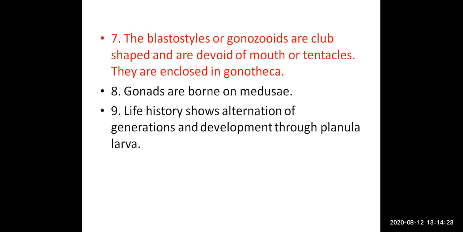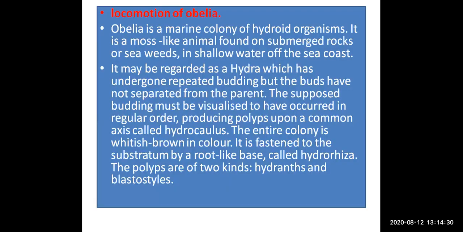Life history shows alternation of generations and development through the planula. Locomotion. Obelia is a marine, plant-like animal found on submerged rocks and seaweeds in shallow water of the sea coast.